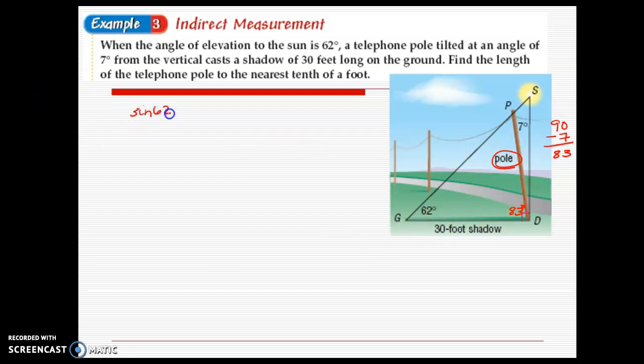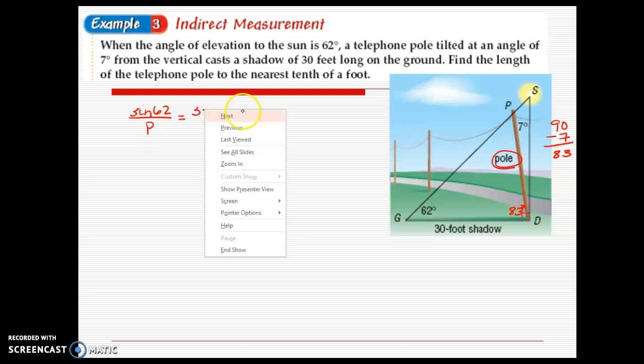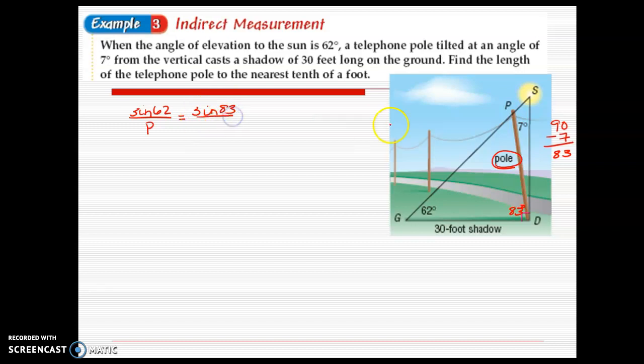Sine of 62 over the pole equals sine, whoops, I have two unknowns if I do it this way. Sine of 83 over that right there. Well, that's not the one I want to do then. So what I'm going to have to do is find that third angle because it needs to be with the 30.